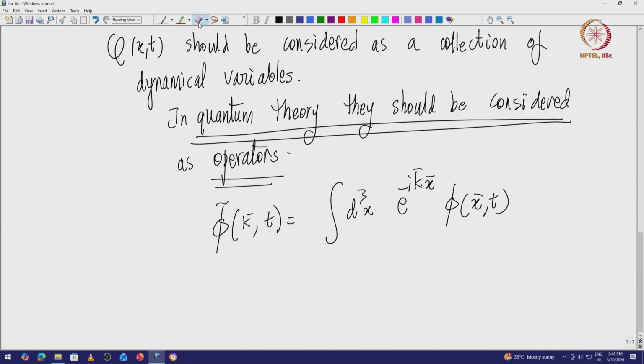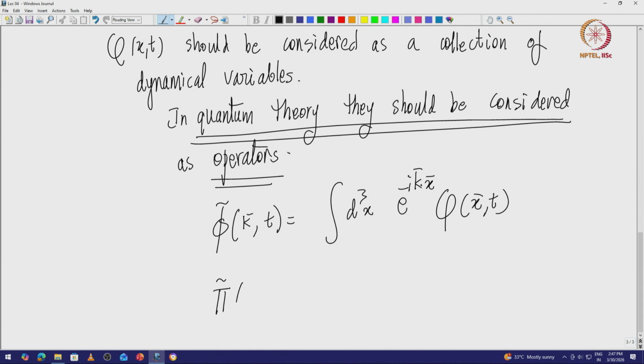What we did is essentially a Fourier transform, taking a collection of these dynamical variables and re-expressing it in terms of k.